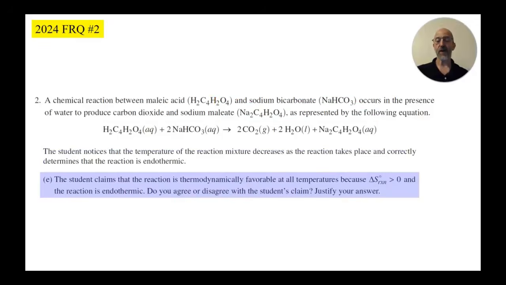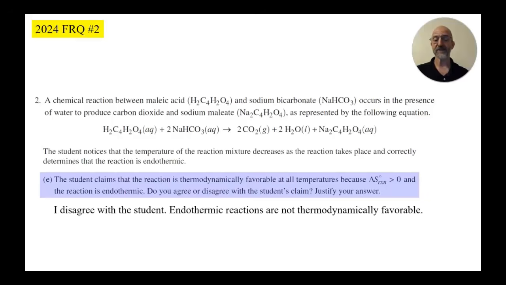All right, now another part of this is about delta G. The student claims that the reaction is thermodynamically favorable at all temperatures because delta S is positive and the reaction is endothermic. This is again from the 2024 AP Chemistry exam. Do you agree or disagree with the student's claim that this will be favorable at all temperatures?